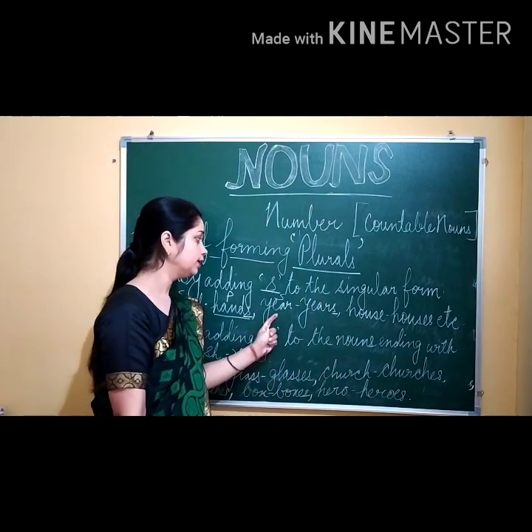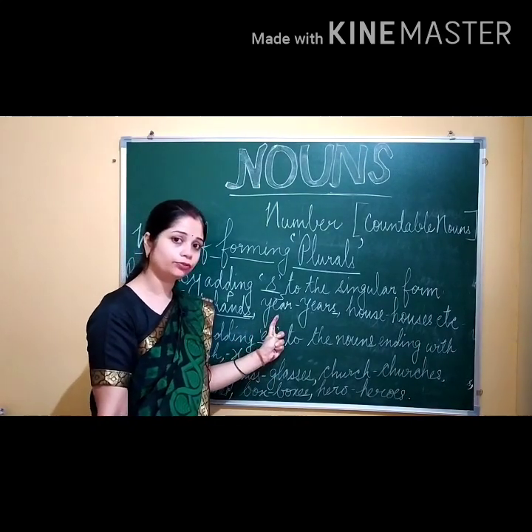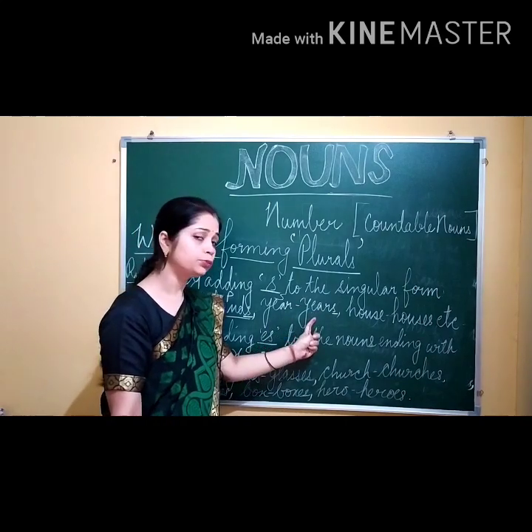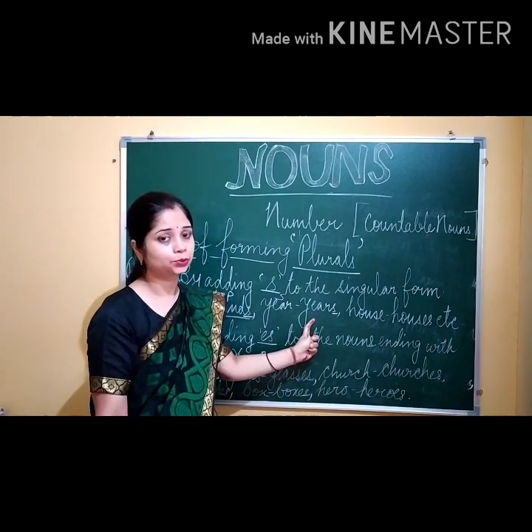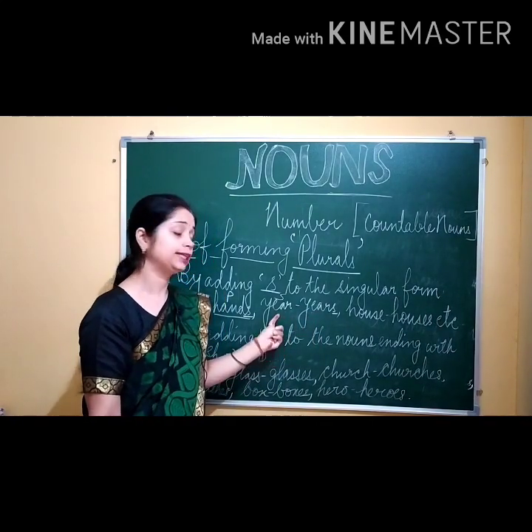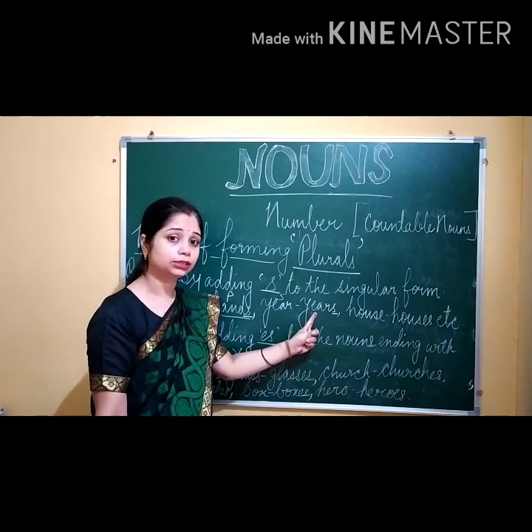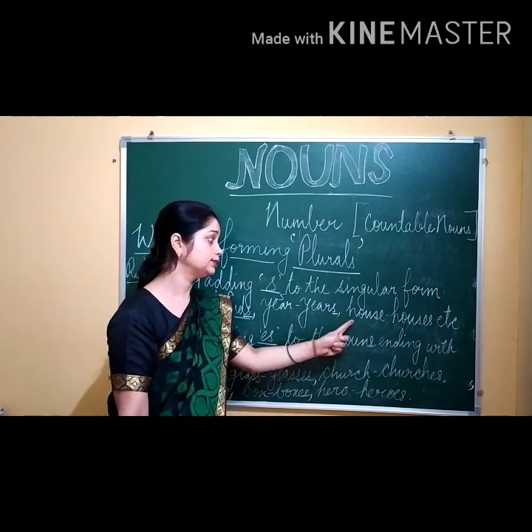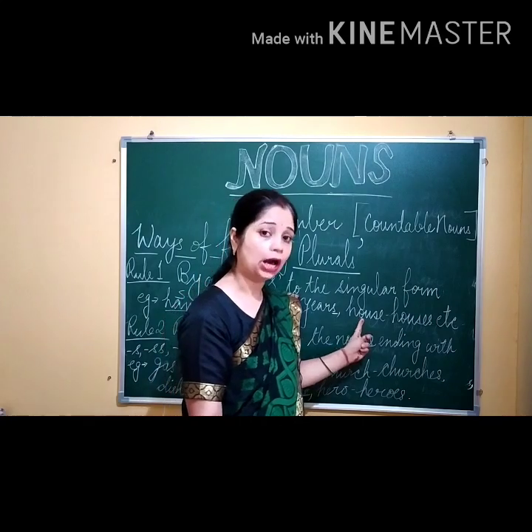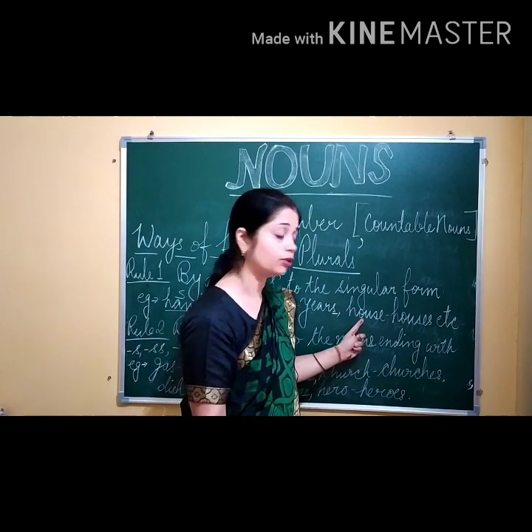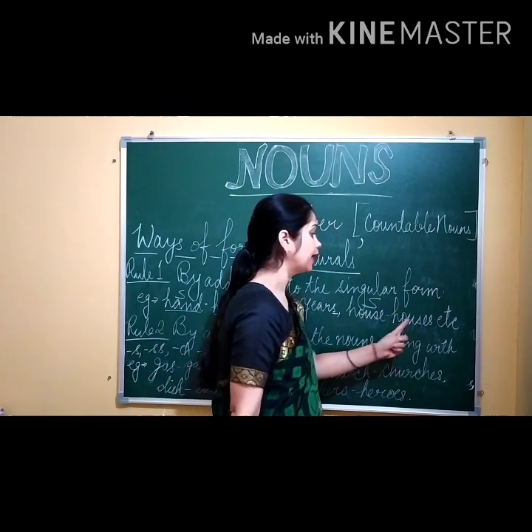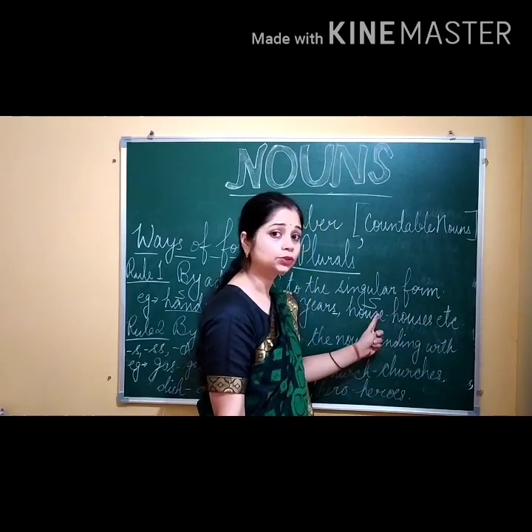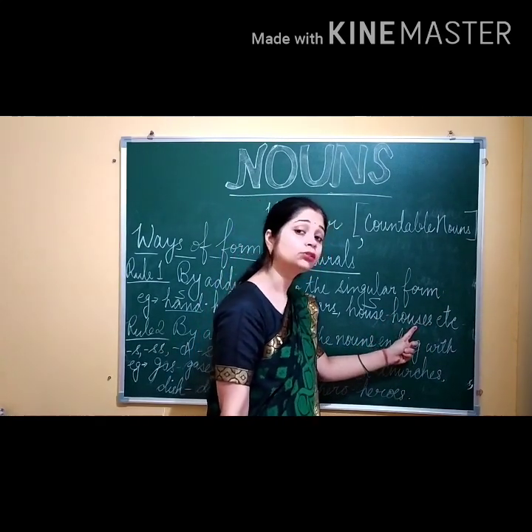To make it plural, we have to add s to the singular form, that is ears. In the same way, house. House is in singular form, and if we add s to the house, it changes its form to plural one.